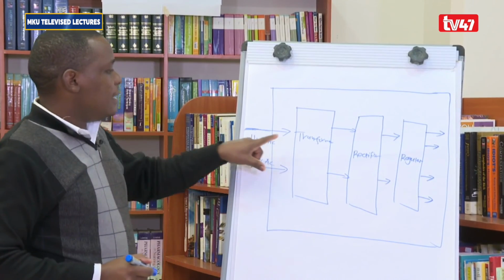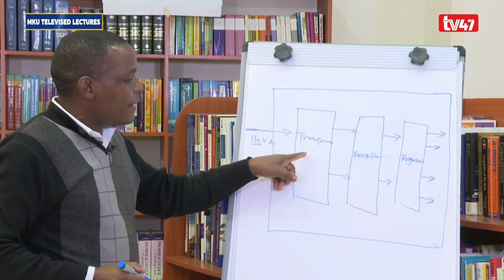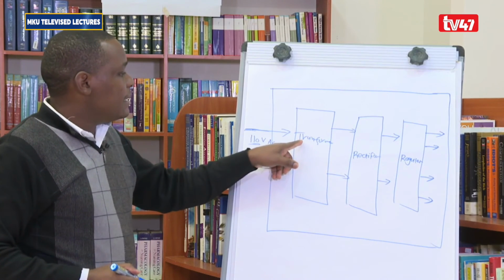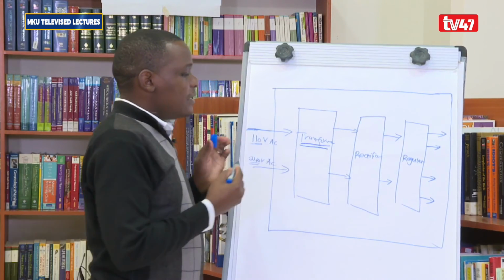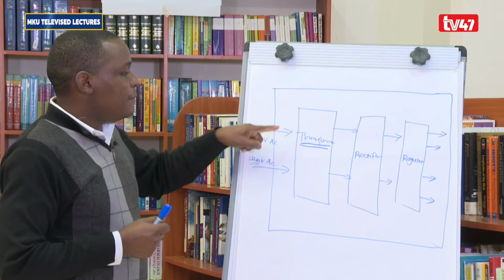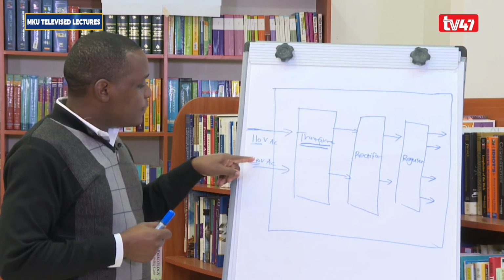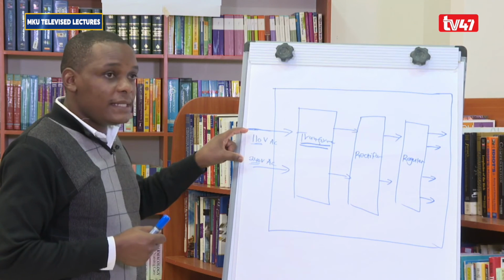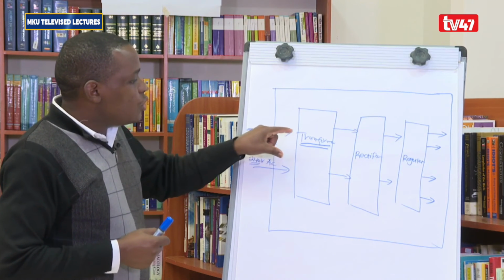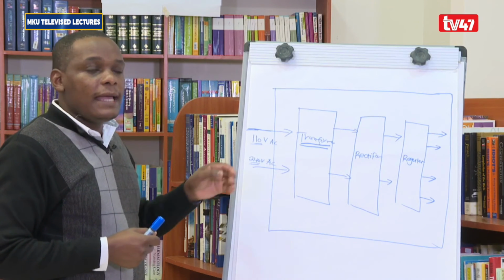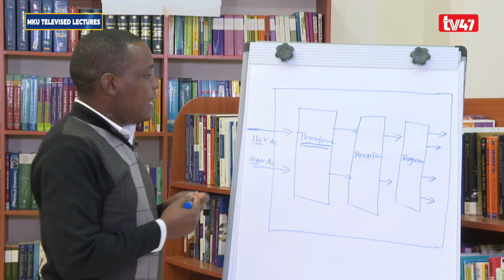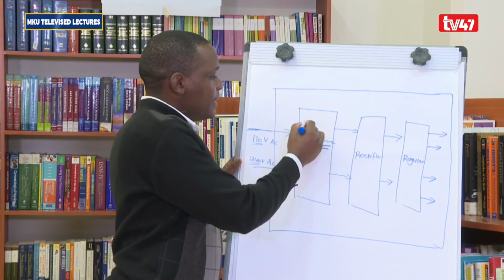Once it gets to the power supply unit of a computer, it meets the first component, which is the transformer. The work of the transformer is to step down this voltage from 240 volts, or any amount between 110 and 240, into a smaller amount that the components of the computer can take.